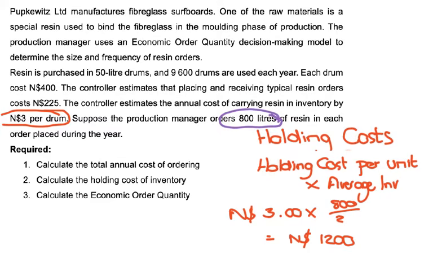So my average is the order size divided by 2. All right, so my average inventory is then 400, and my holding cost is $3, so it's $3 times 400 units, and that will give you 1,200. And this is then my annual holding cost.